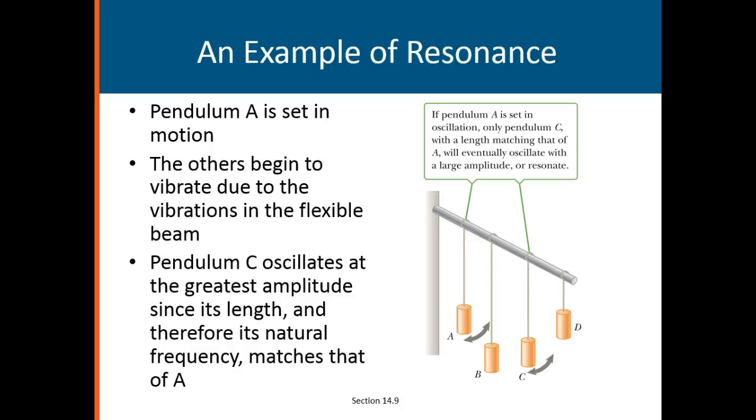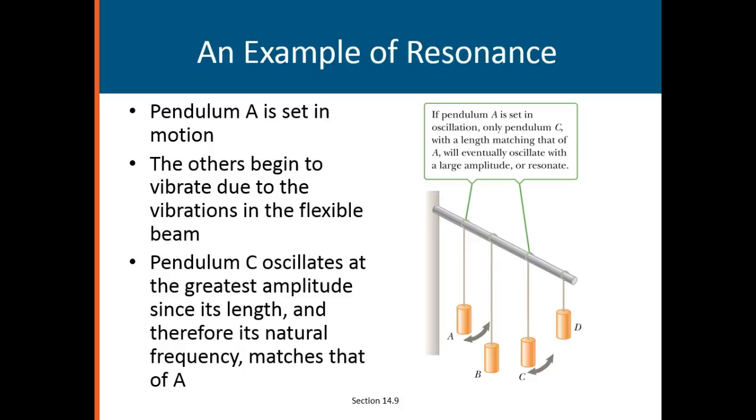So if you have them all there, and you start moving A, the others begin to vibrate due to vibrations in the flexible beam, because that frequency of A does make the beam move a little bit, but they're not in the same.